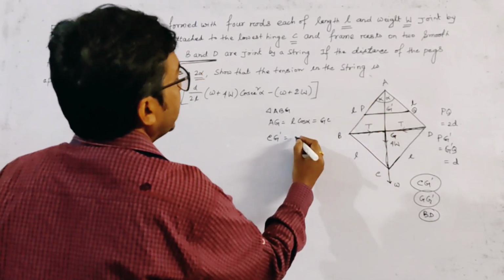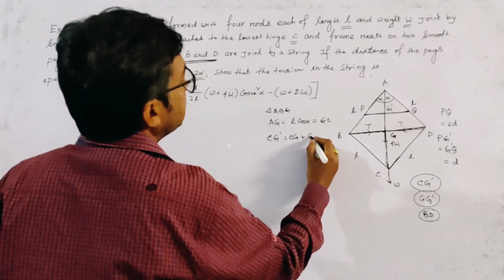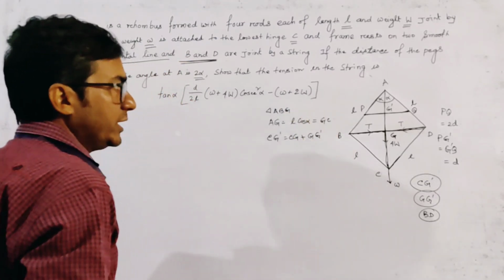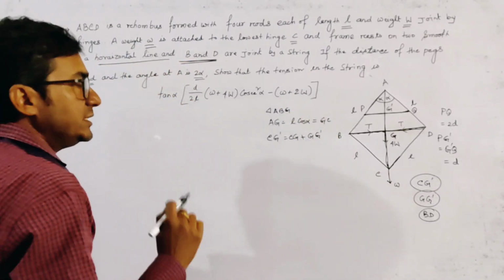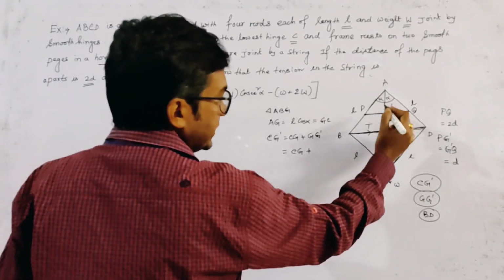Now we have to find CG dash, which means we write this as CG plus GG dash.